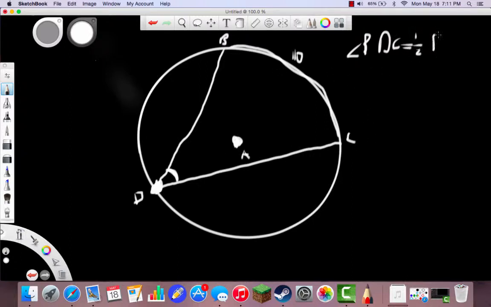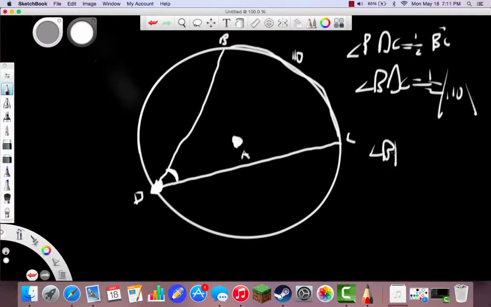In this case, it'll be BC. So angle BDC is going to equal half of 110. And so angle BDC will equal 55 degrees, okay?